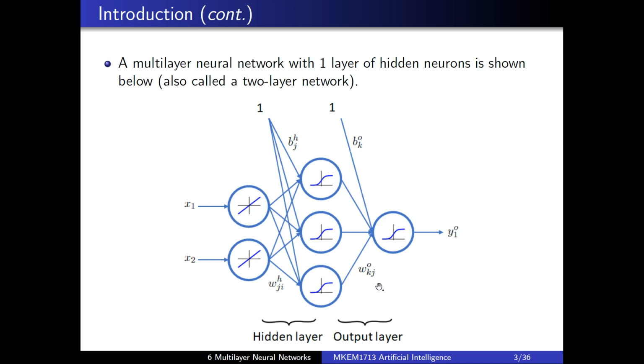In this structure, we have two inputs x1 and x2 and one output. The superscript O refers to output, and the superscript H refers to hidden. These are input neurons, these are hidden neurons, and this is the output neuron.